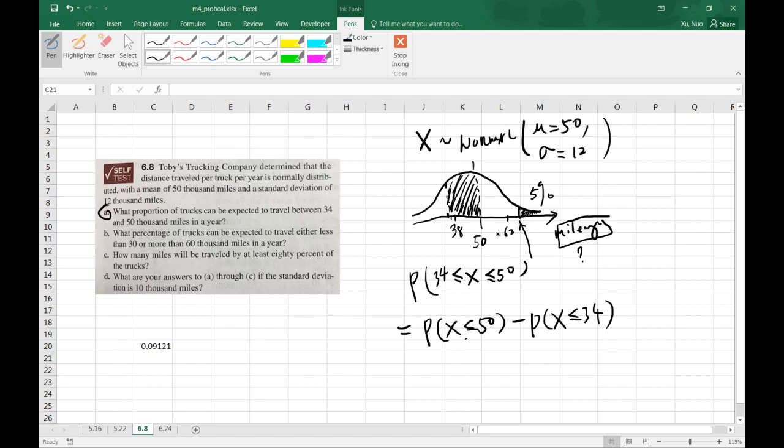So I'm trying to find out what is this question mark value, so that the corresponding cumulative probability should be the complement of 5%, which is 95%. I want to find out what is that mileage value corresponding to cumulative 95%.